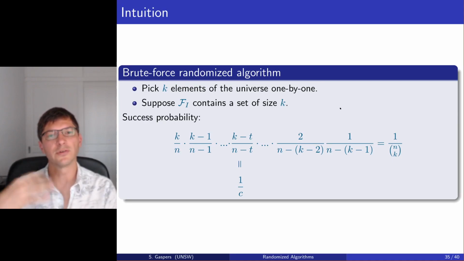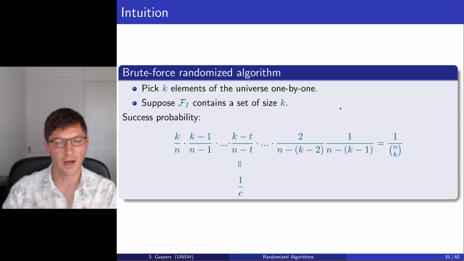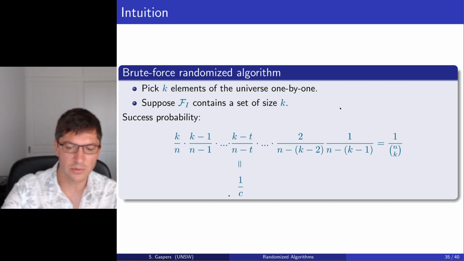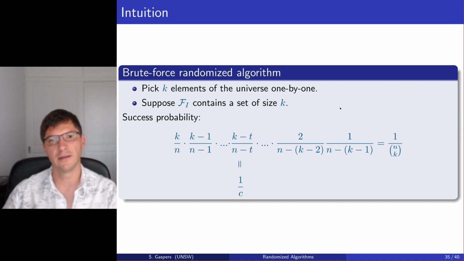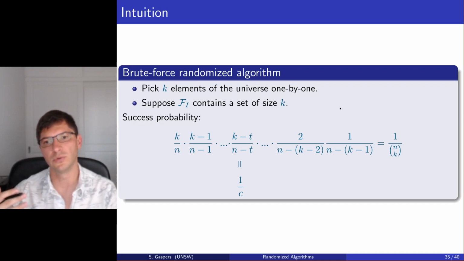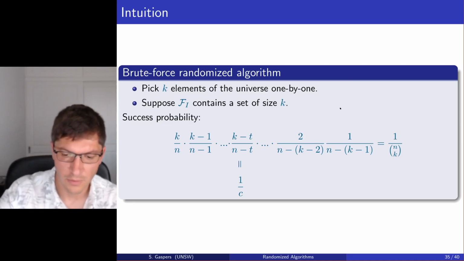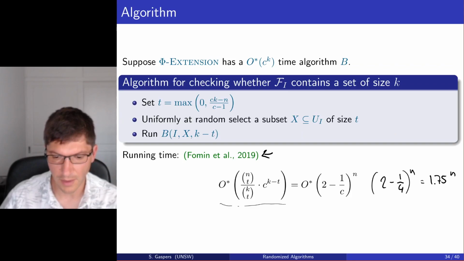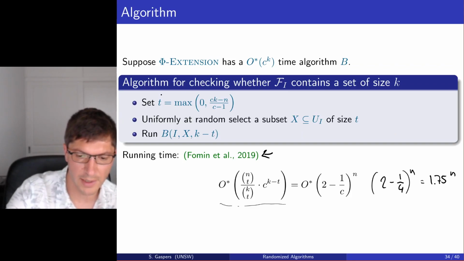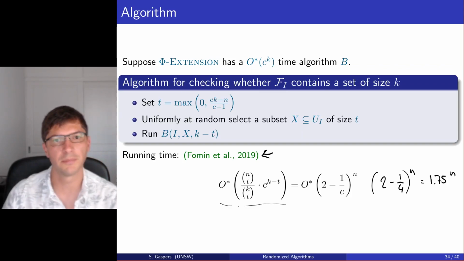And the inverse of the success probability tells us how many times we have to repeat this algorithm. If this becomes equal to c, then it doesn't pay off anymore to do random choices. We are better off using the c to the power k time algorithm. Then solving this gives us an indication where this threshold value comes from.